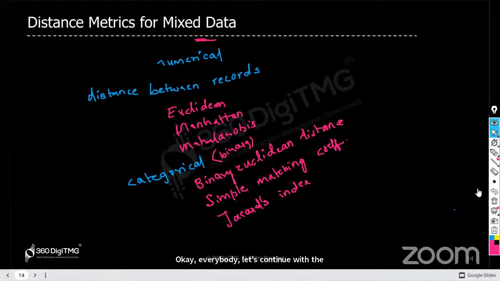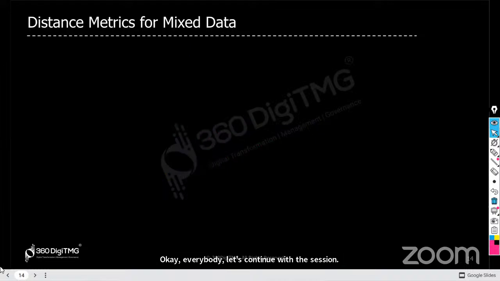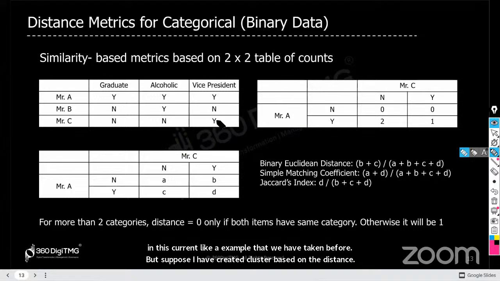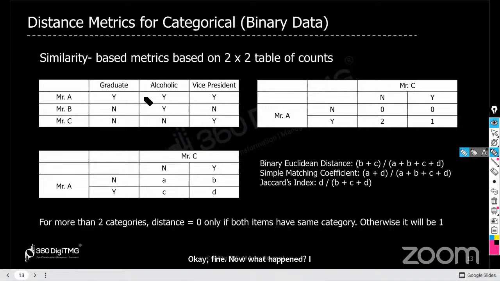So we are discussing distance based on different types of data. In the current example, suppose I have created clusters based on the distance. Now, if I have categorical data and a new customer is added, or I have a new variant, like which type of car he is using: petrol, diesel, and maybe also diesel.